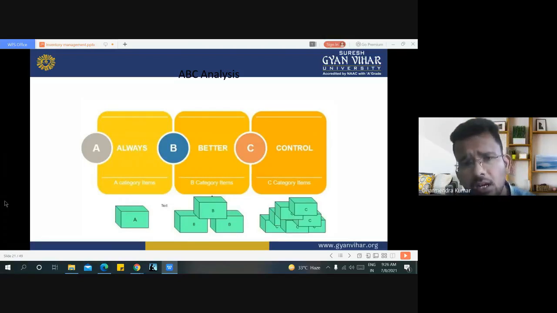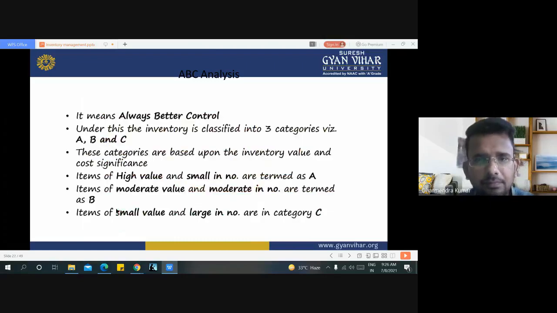In this ABC analysis, we put items into three categories: one in A category, one in B category, and another one in C category. Here are some theoretical aspects of ABC analysis.